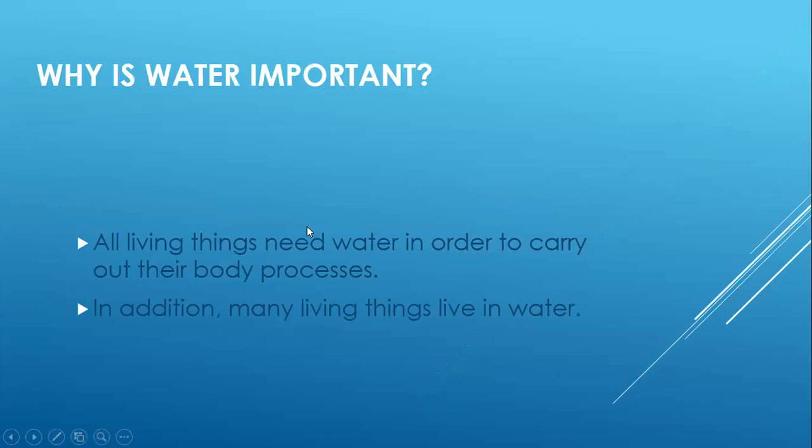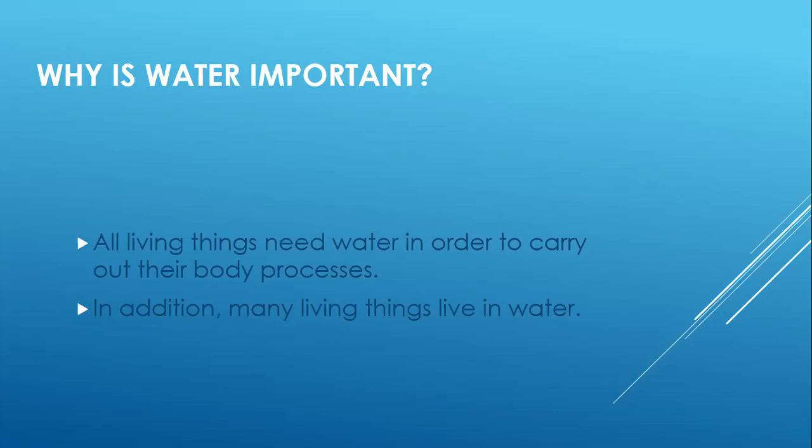Why is water important? So when we are talking about water importance, it's all about two things. Number one, it's all about water for the organisms and how it acts for the organisms. And number two, how water can act as a habitat or a good environment for living for some environmental issues. We'll get that too.